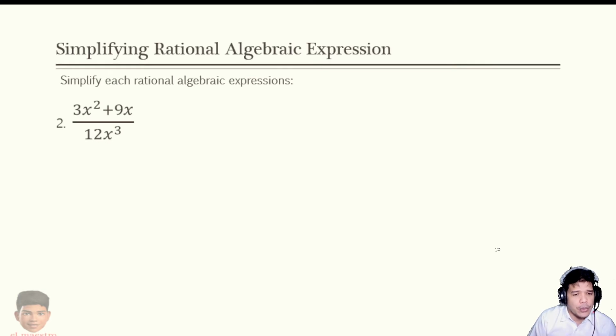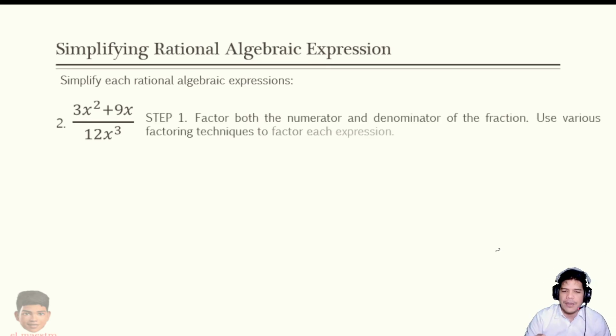So, 3x squared plus 9x over 12x cubed. So, again, anong unang step? Sabi, factor out numerator and denominator. So, depende kung anong meron sa numerator and ano sa denominator. In this case, meron tayong binomial.